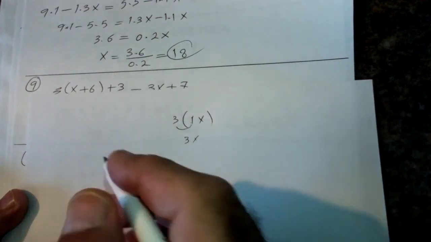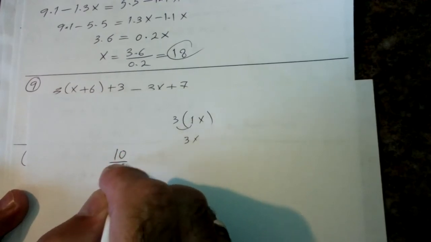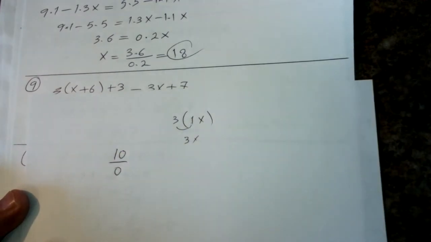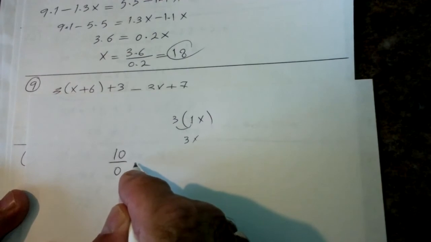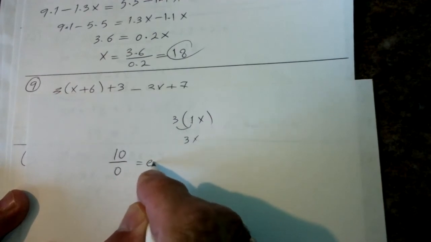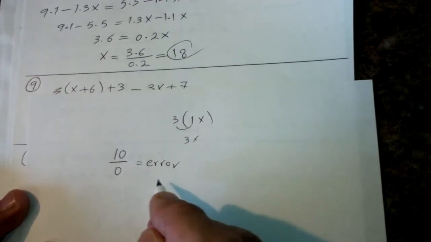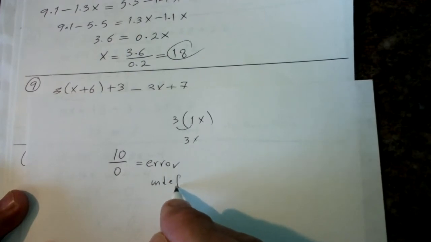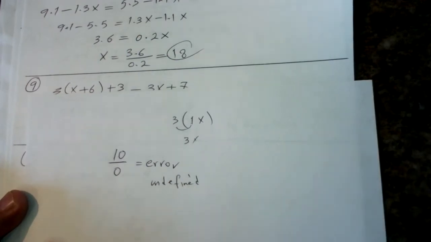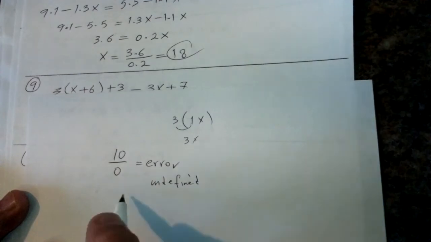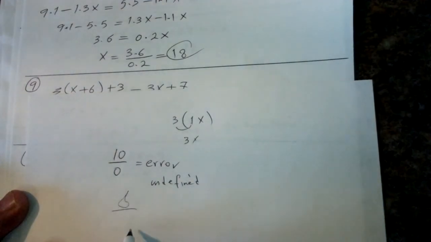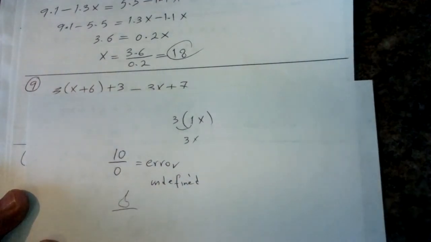What if you have something like 10 divided by 0? Use your calculator. 10 divided by 0, the calculator will give you error or undefined. It's like I give you an apple and I say, can you divide this apple by 0? You cannot do it, it's undefined.